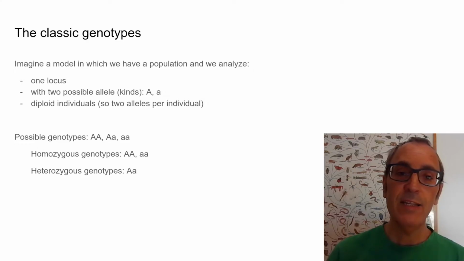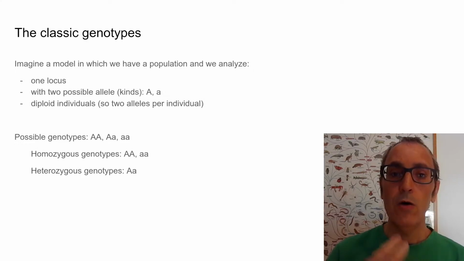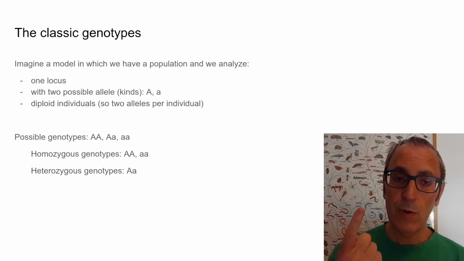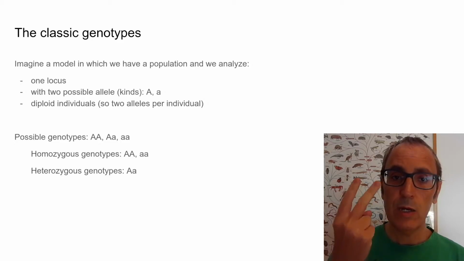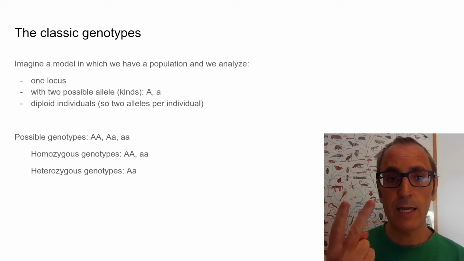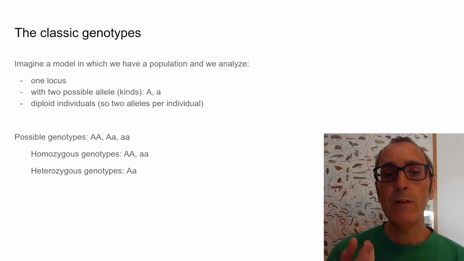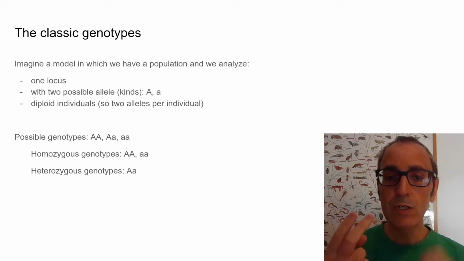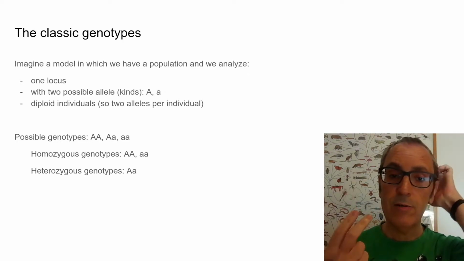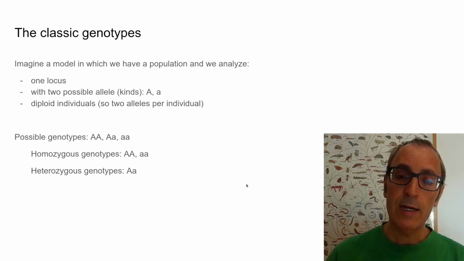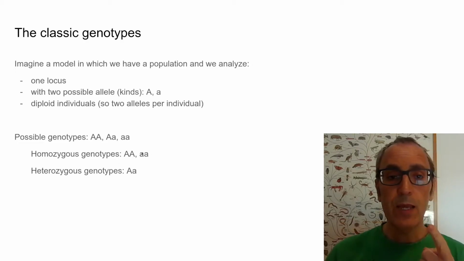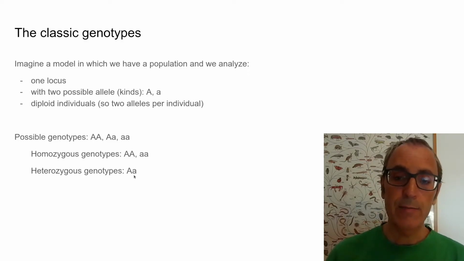If we have an ideal population, we are studying one locus, this locus has two alleles, and we have diploid individuals, we will have three possible genotypes. Two genotypes are homozygous, capital A capital A, and lowercase a lowercase a. And one genotype will be heterozygous, capital A lowercase a.